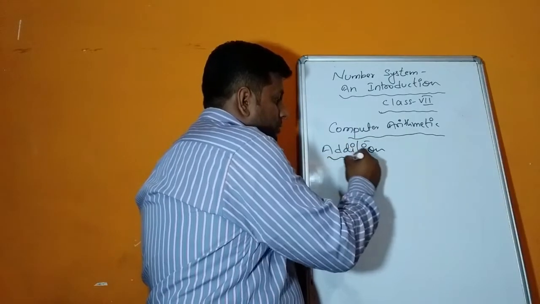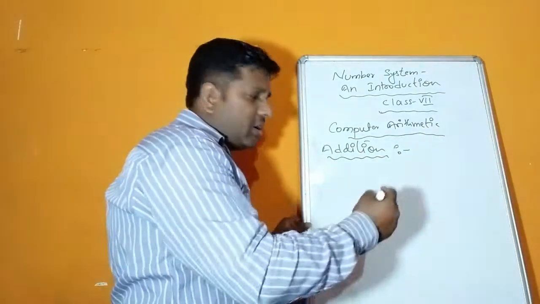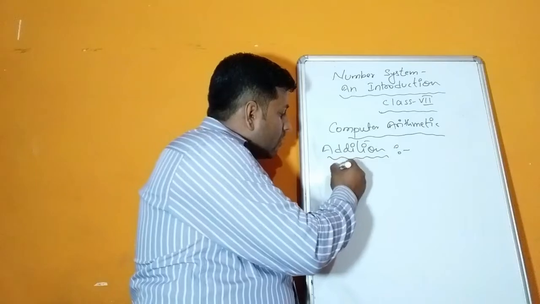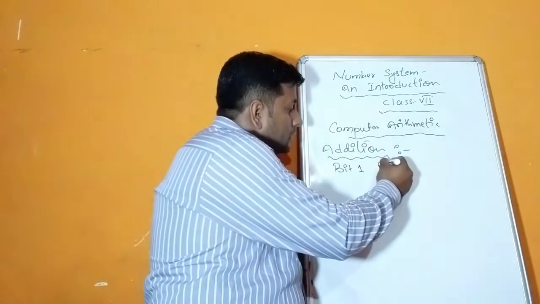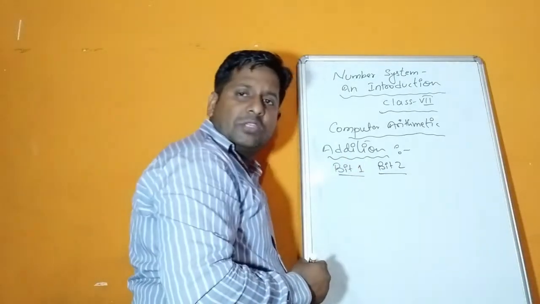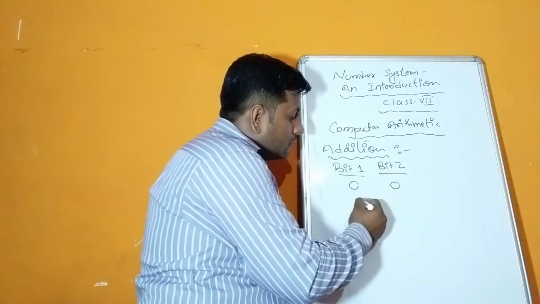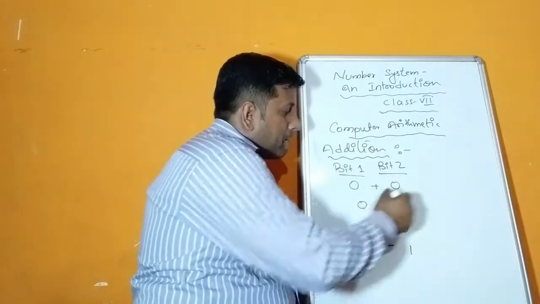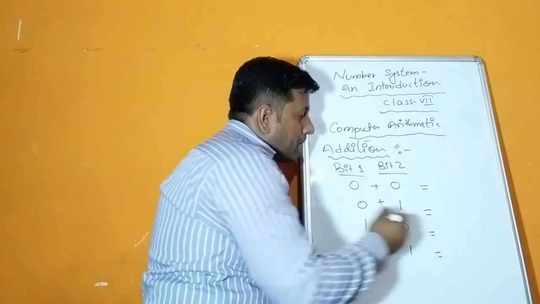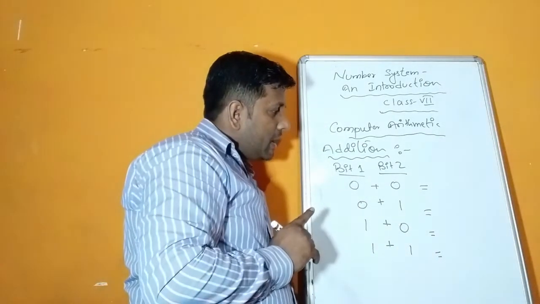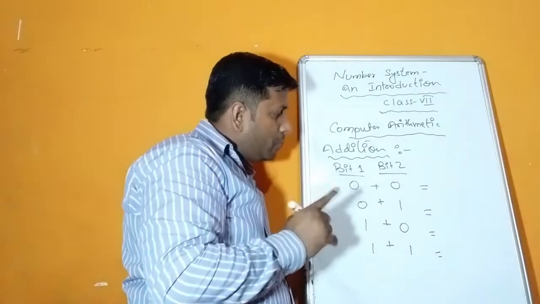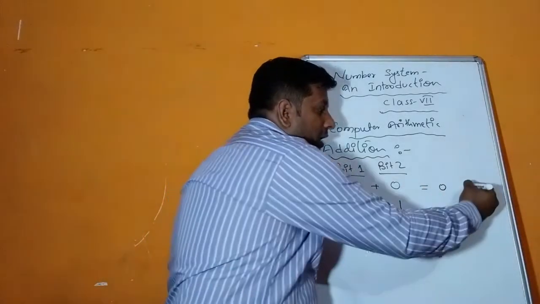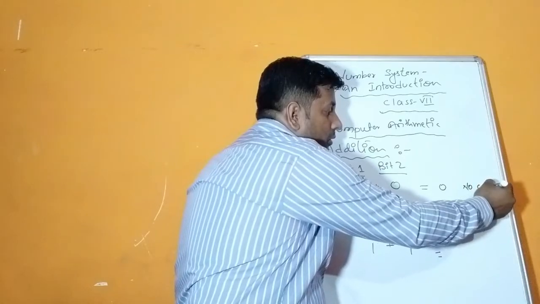Binary addition. Let us take the example of adding two binary numbers. I'll write bit 1 and bit 2. I'm just taking 0 0, 0 1, 1 0, 1 1. Let us do the sum. Now see children, in binary addition, 0 plus 0, the answer is 0, and there is no carry.